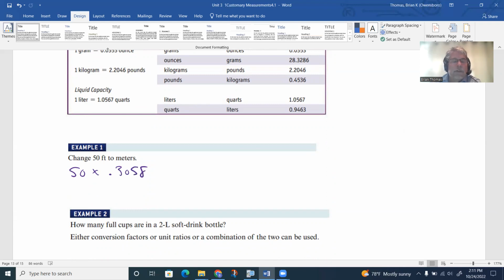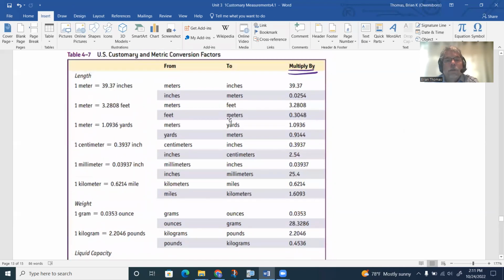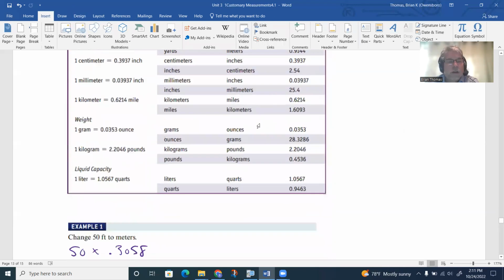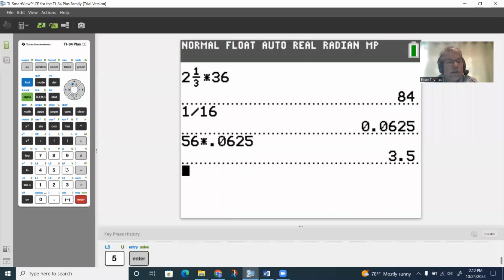I have to double check myself. Feet to meters, 0.3048. Didn't remember it, did I? I'm still working on that. I'll get better. So if I multiply 50 times 0.3048, I'll probably just use the calculator for that.